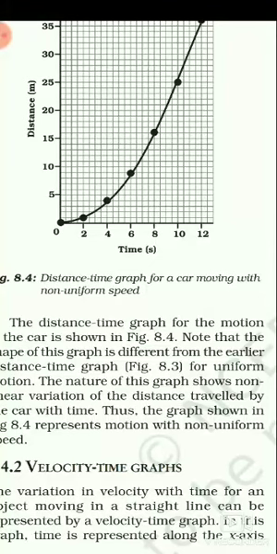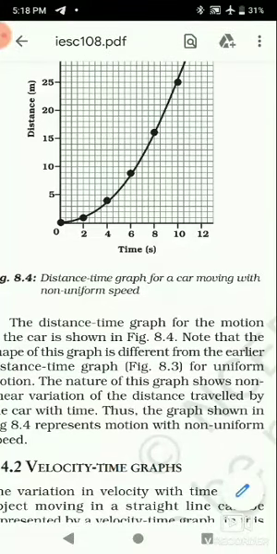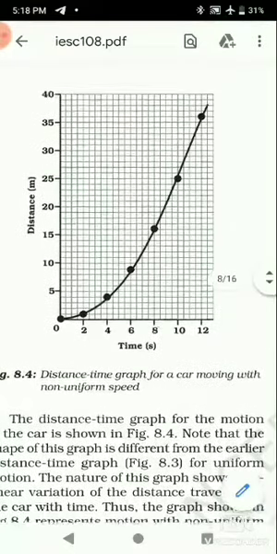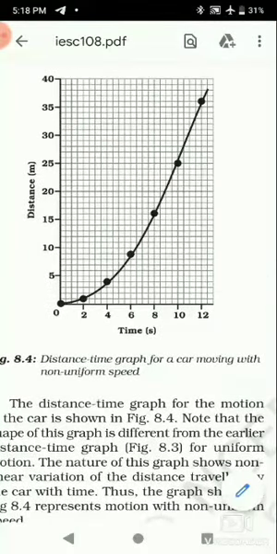If you take the time slot 10 and 12, that means it is a non-uniform motion. But in this picture, one more thing you can see: after 8 seconds, the line is straight. That means after 8 seconds, the motion becomes uniform. But from 0 to 8 seconds, there is a curved line.